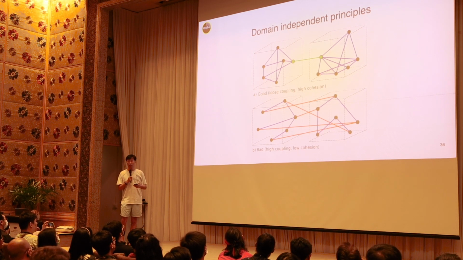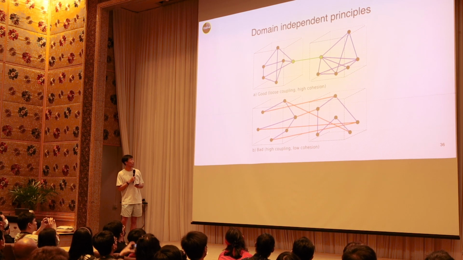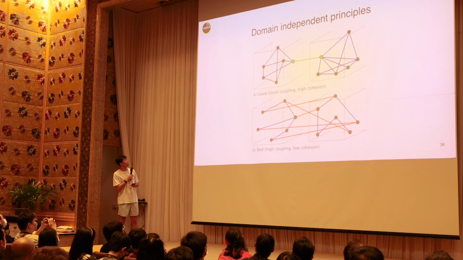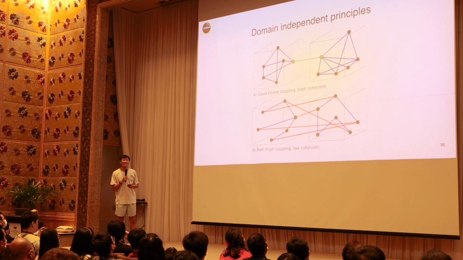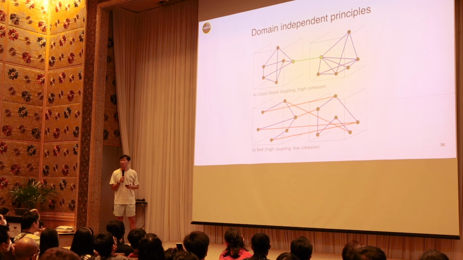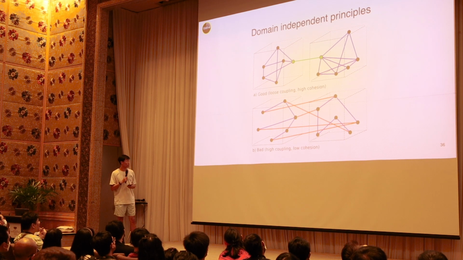On Wikipedia, you can have a very good picture explaining coupling and cohesion. You can see in each submodule how much the functionalities inside are related to each other, that is the degree they are cohesive.